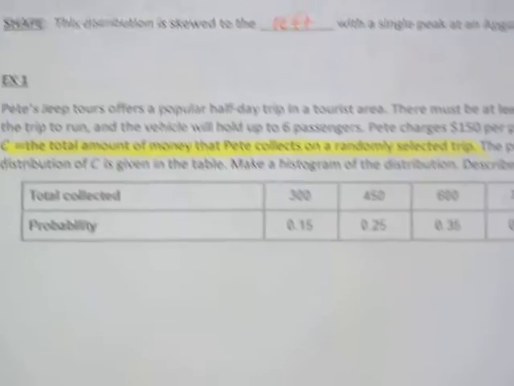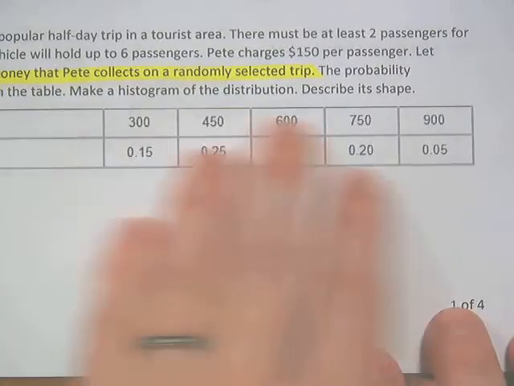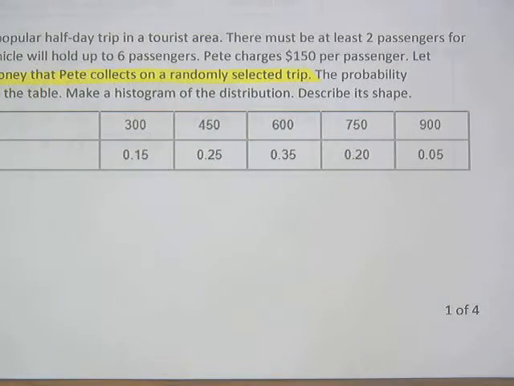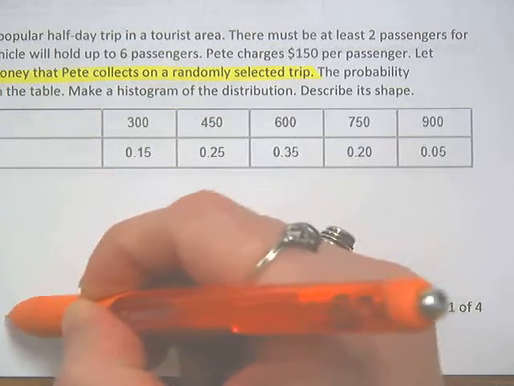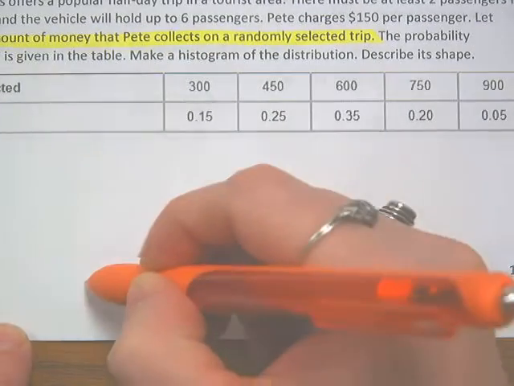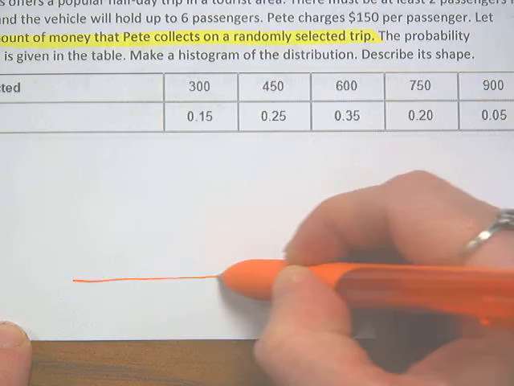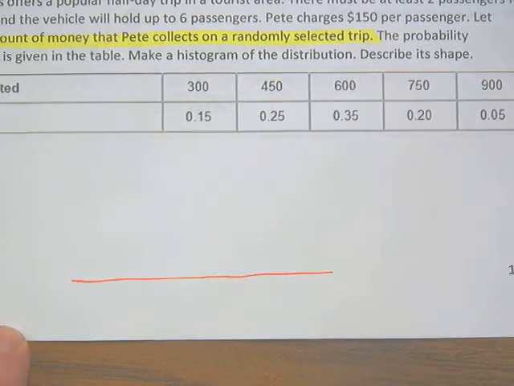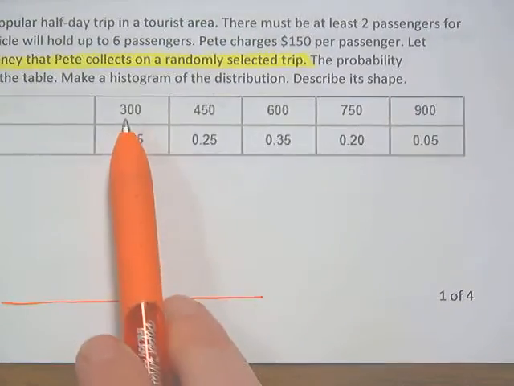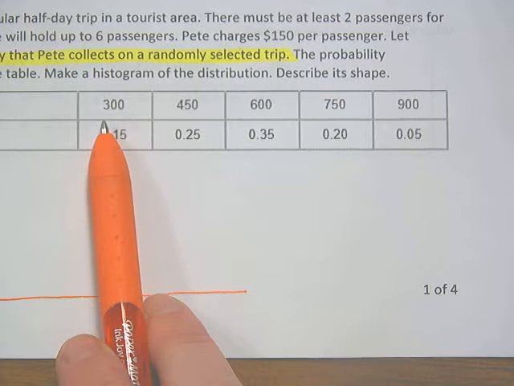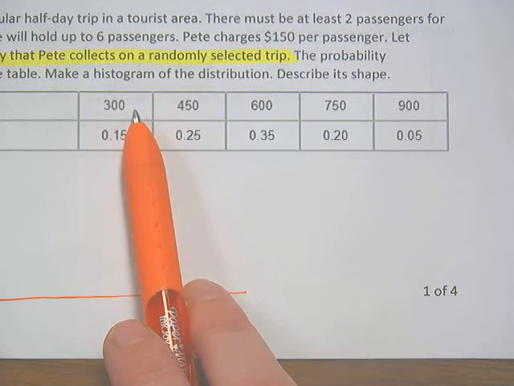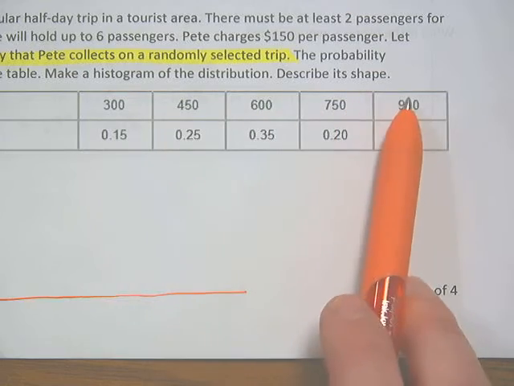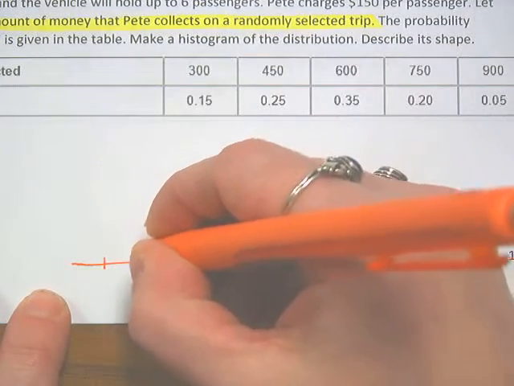Okay, that's pretty straightforward. So we're going to take this data, we're going to make a histogram. And so the first thing you're going to do is draw a horizontal axis at the bottom of your page. And the total money collected, that top row of the table, that's what you would put on the horizontal axis. So you just need to make 1, 2, 3, 4, 5 little tick marks.